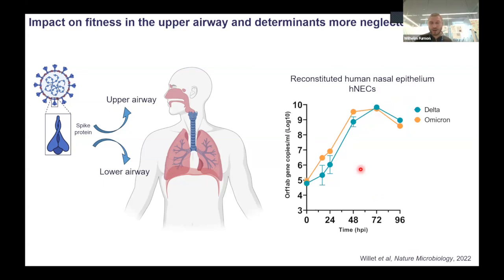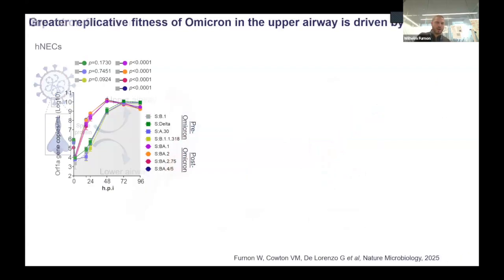And indeed, when Omicron emerged, we here at CVR, but also other groups in the world, did show that in those cultures, Omicron had an advantage over Delta, which was the variant it was replacing at the time. And we really wanted to assess if this was really down to spike.